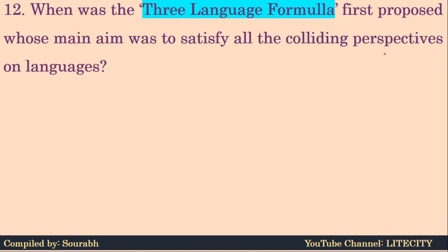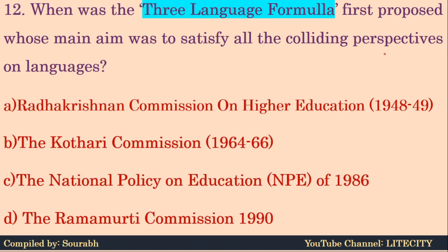And to satisfy all these things, the three language formula was proposed, and it was first proposed by the Radhakrishnan Commission on Higher Education, the Kothari Commission, the National Policy on Education 1986, or the Ramamurthy Commission 1990.